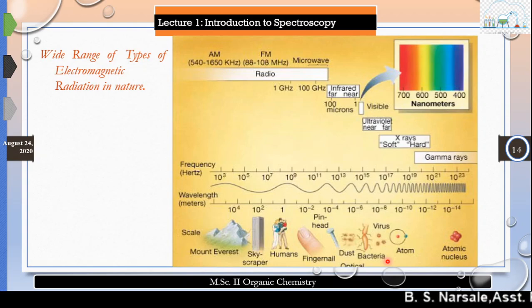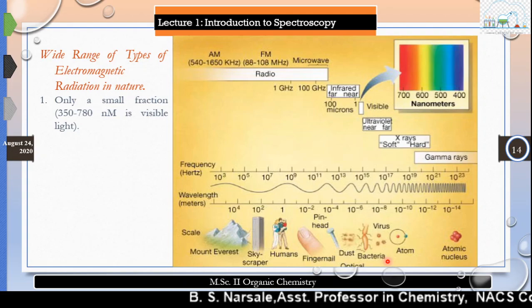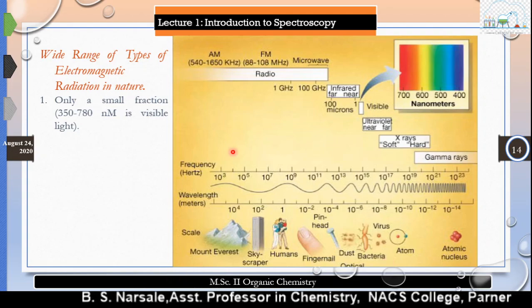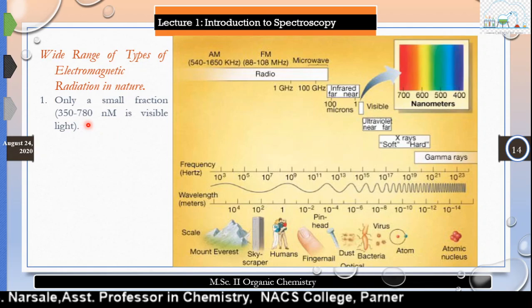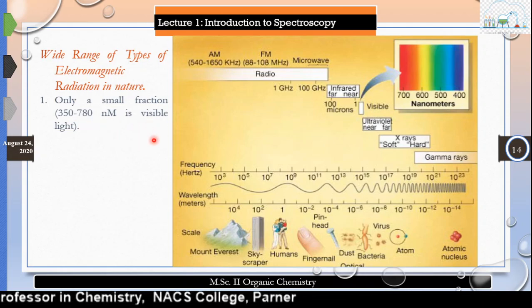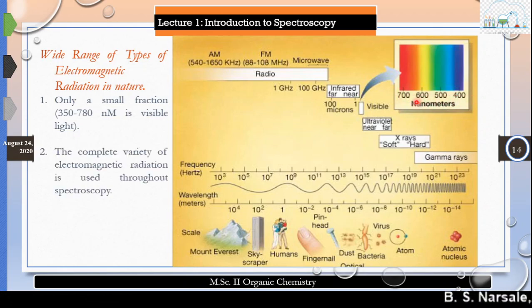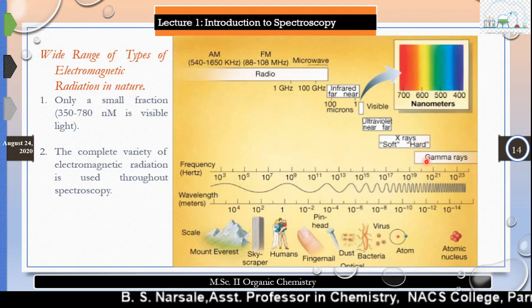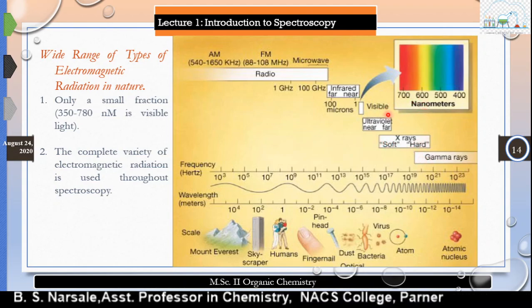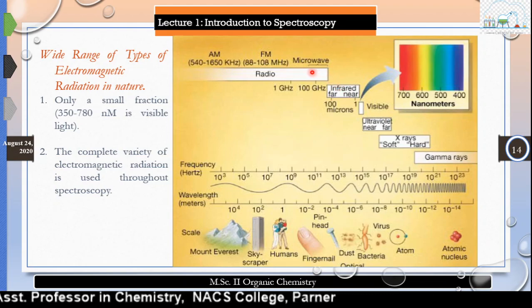In the electromagnetic radiations, if you look in nature, there is a wide range of types of electromagnetic radiation. A small fraction, 350 to 780 nanometers, is the visible light. In the spectrum, you have gamma, X-ray, both hard and soft, UV light, then visible, infrared, microwave, and radio waves.